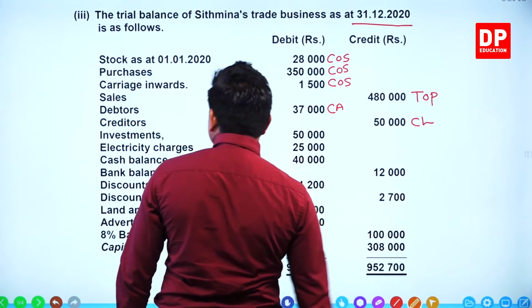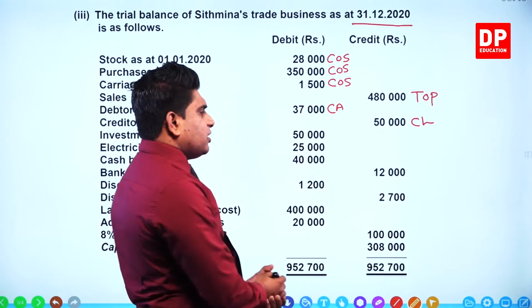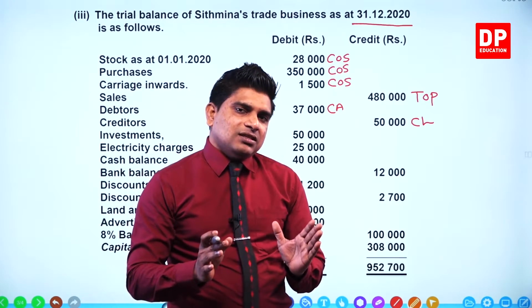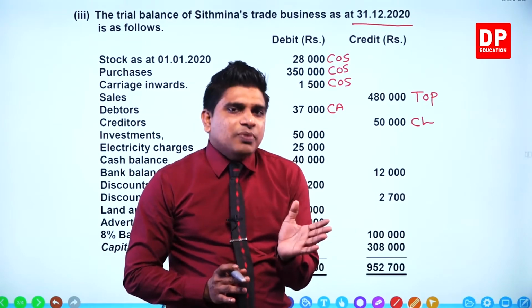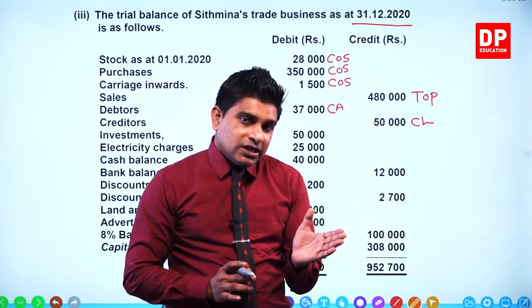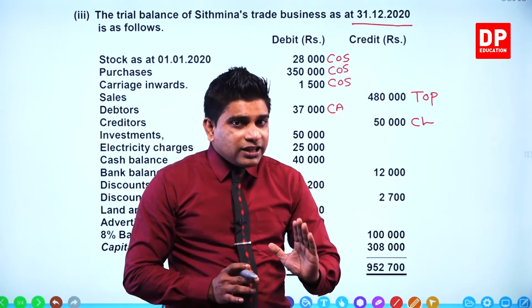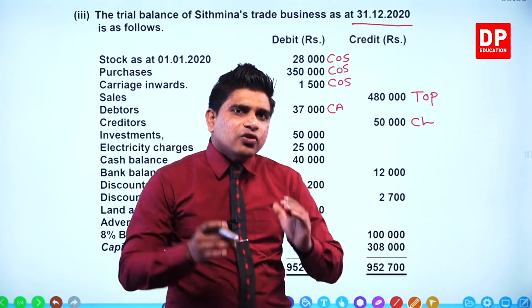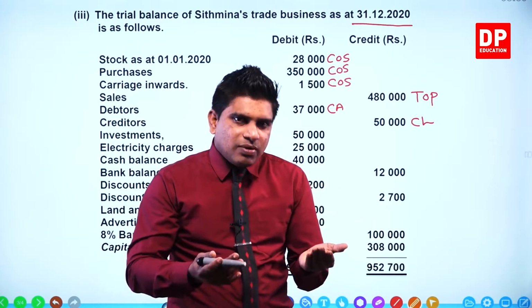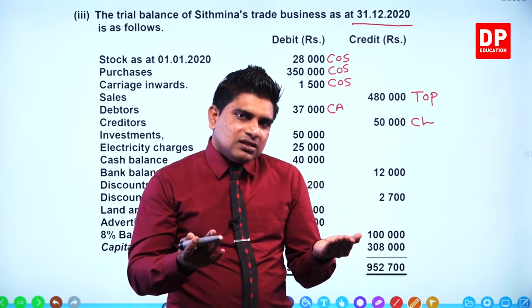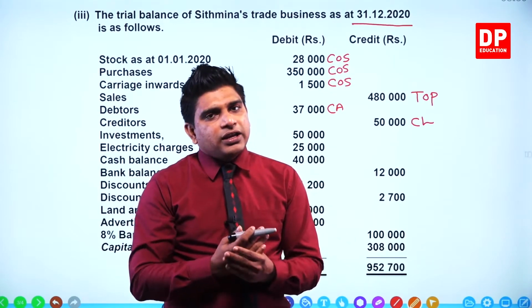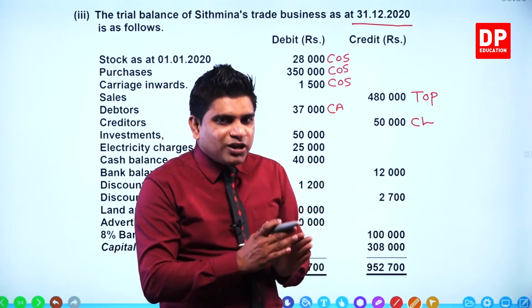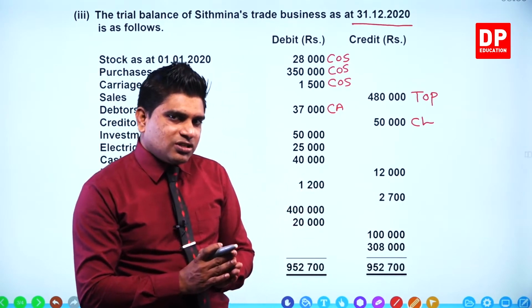Investment is an asset, but not a tangible asset, it is an intangible non-current asset. Intangible means you can't see it, you can't touch it, but it's an asset, like a fixed deposit. Where do you write it in the statement of financial position?